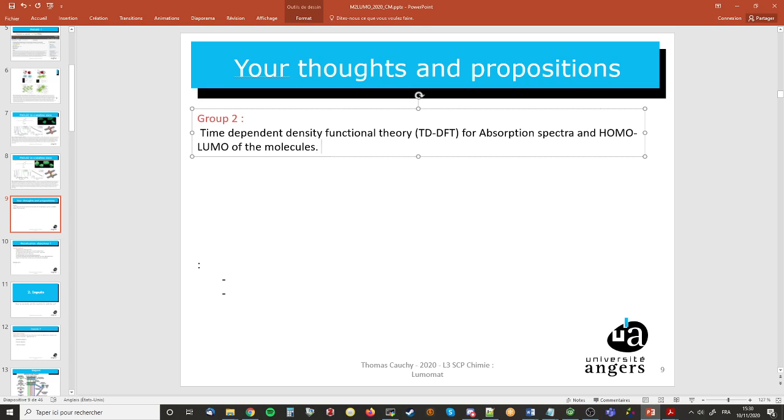Okay. Do you need the TDDFT, the time-dependent density functional theory, for the HOMO-LUMO? I think no. So, do you propose anything else also?